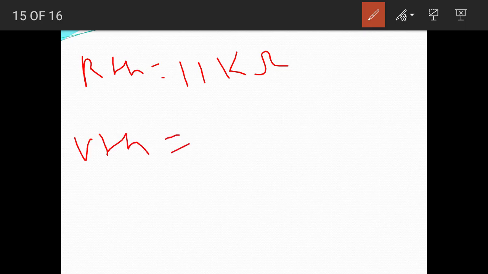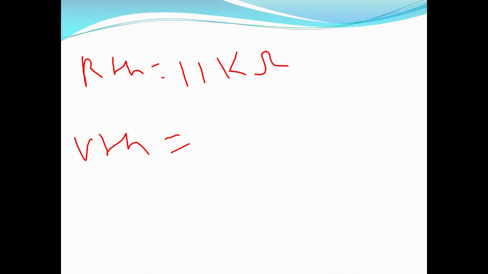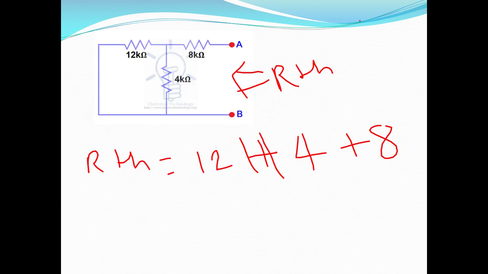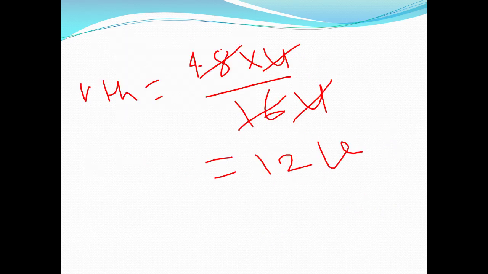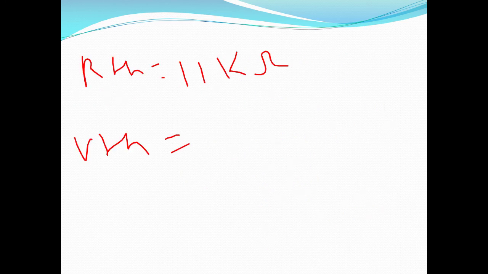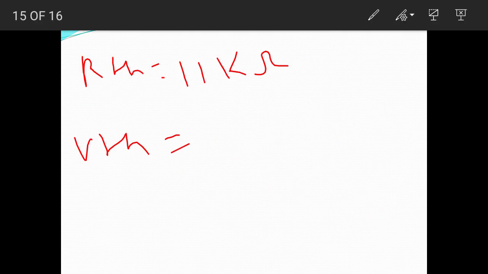Now we have found the values of VTH and RTH, where RTH is 11 kilo ohm and VTH is 12 volt. Now we draw an equivalent circuit with a load resistance.